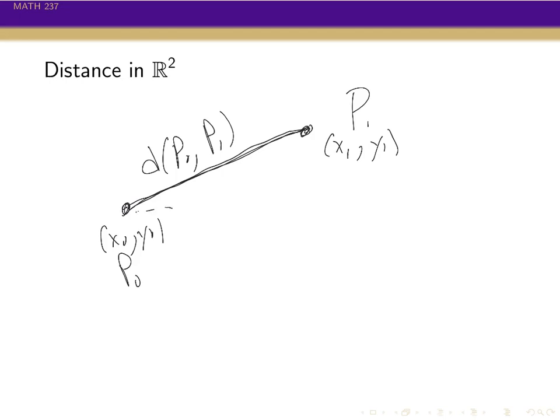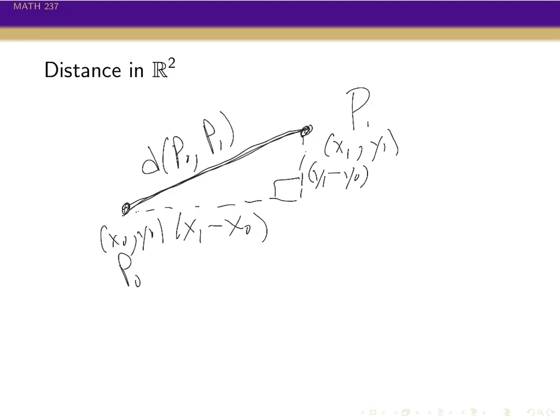The trick that we do is we use the Pythagorean theorem, breaking this up into a right triangle, where the base of this triangle is just focusing in on the x coordinates. The length here is x1 minus x0. And then for the vertical side, this is focusing in on the y coordinates. The length here is going to be y1 minus y0.